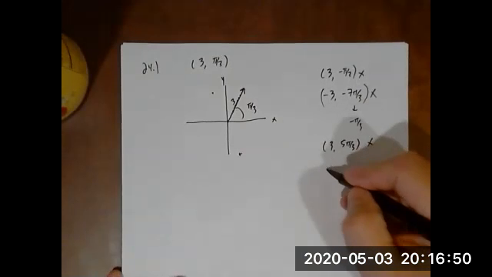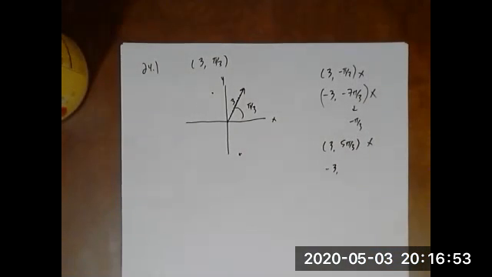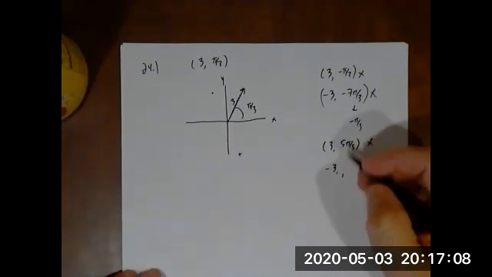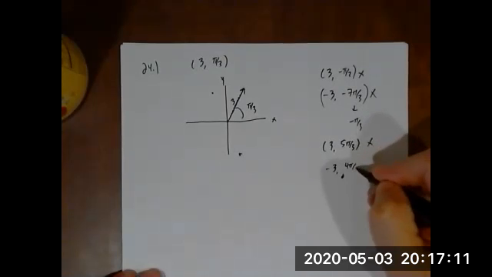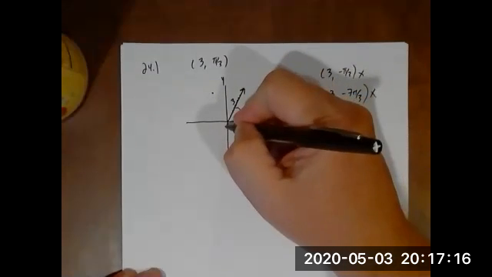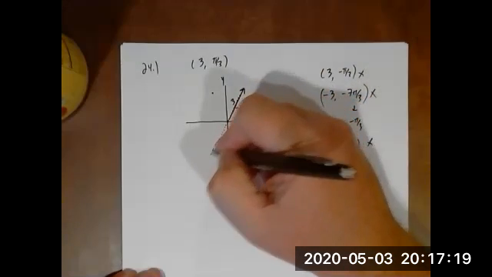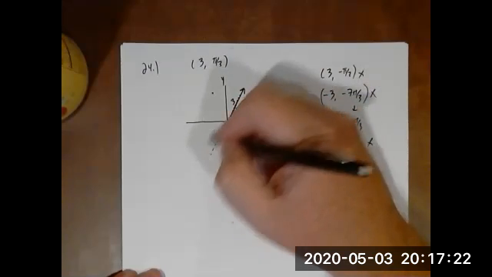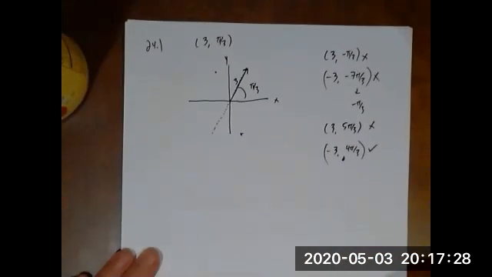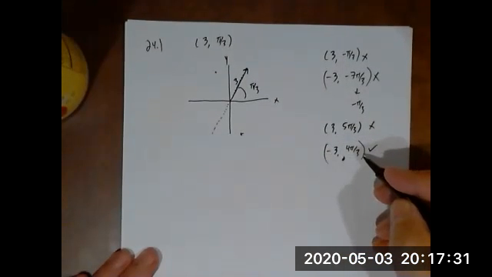How about (negative 3, 4 pi over 3)? 4 pi over 3 is right here. Negative 3 means the opposite direction, the distance of 3. Boom. Yes, we're at the same point. So (negative 3, 4 pi over 3) is the same point.